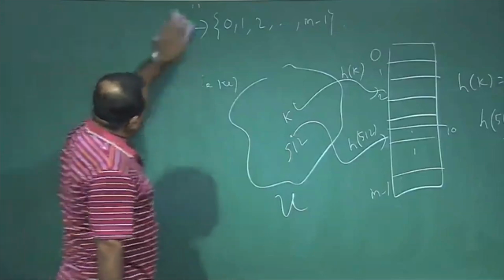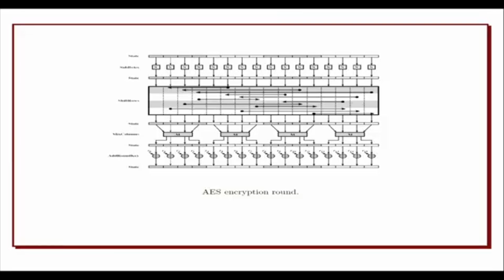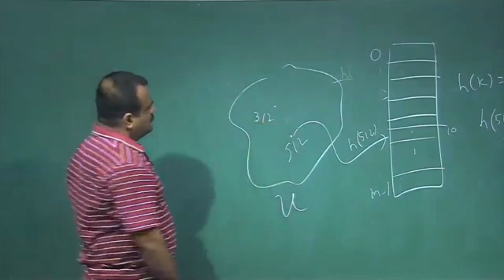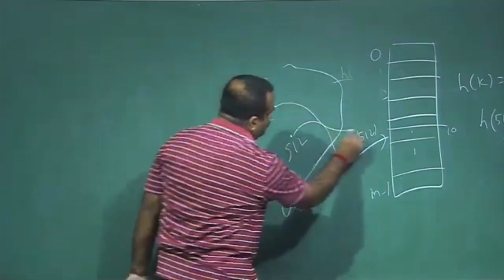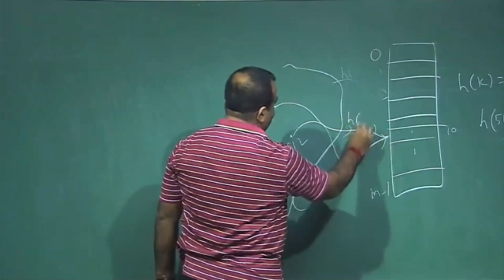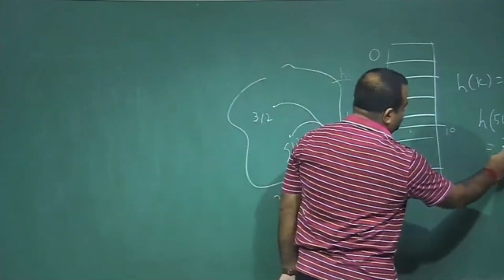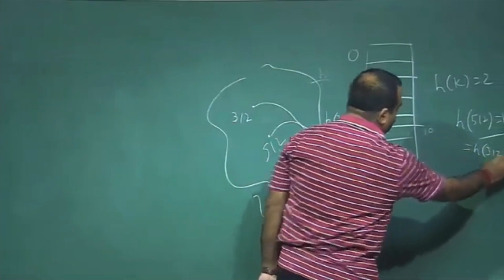Now, there is a problem with this method, called collision. Suppose we have this situation, and now we want to apply this to 312, and 312 is also hitting here. So, h of 312 is also 10, which is the same as h of 512.